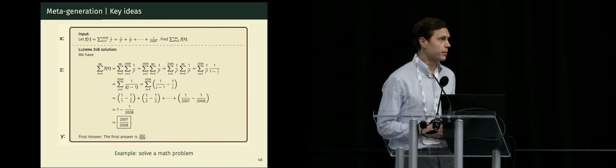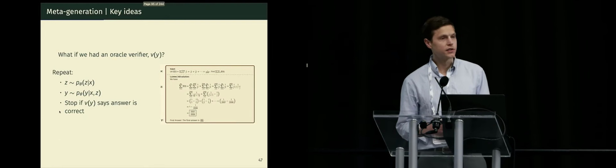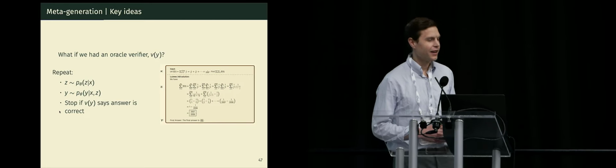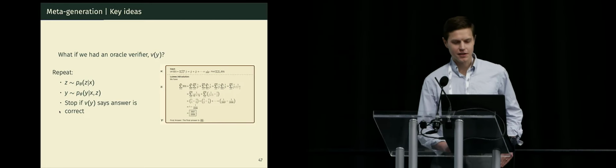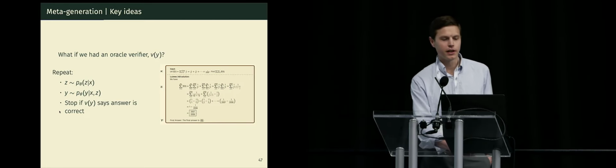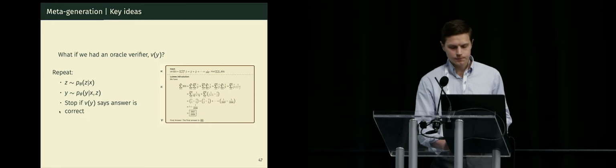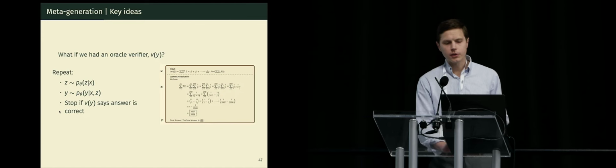So let's look at a concrete example. Here we want to solve this math problem. You don't have to read through the whole problem or solution. But we have the input x, and we ask the model to generate the solution z, and then finally an answer y at the end. And let's look at what happens if we have an oracle verifier or evaluator model.